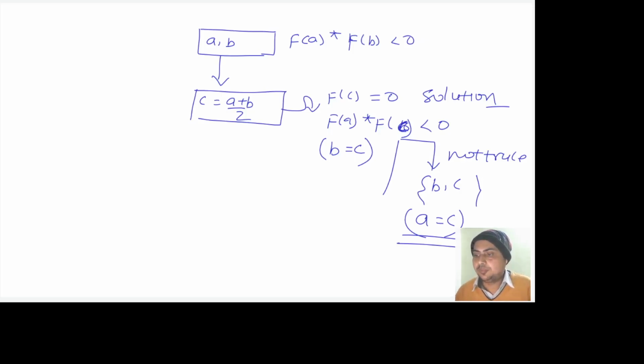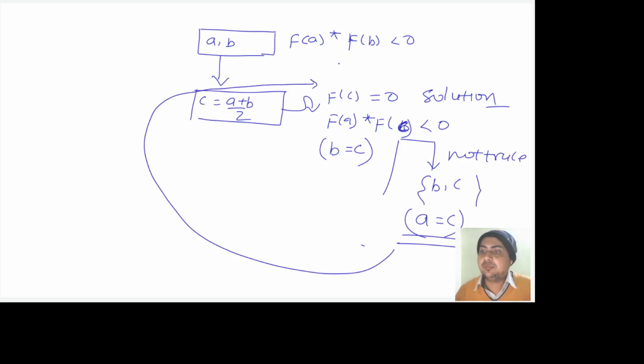And this loop will continue till we meet a certain condition. What is the condition? The absolute value of the difference of b and a should be less than a certain value, which we call the tolerance.